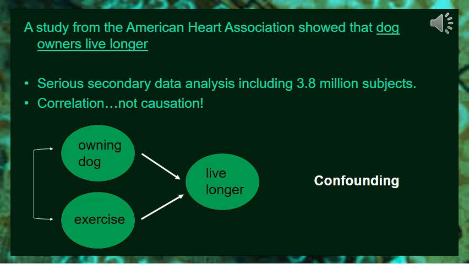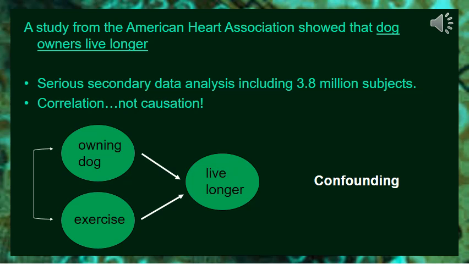Or maybe there is confounding here. Maybe there is a correlation, yes, between owning a dog and living longer. But maybe there's also a correlation between owning a dog and exercising more. And exercising more will also make you live longer, being correlated with a longer life.